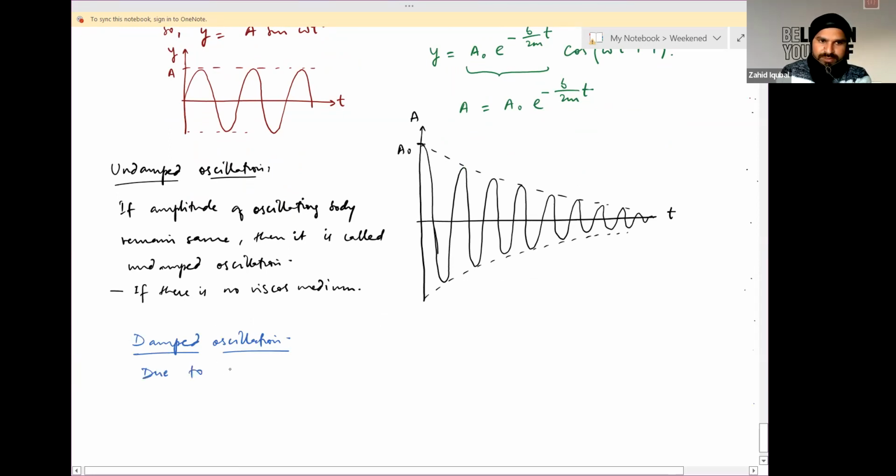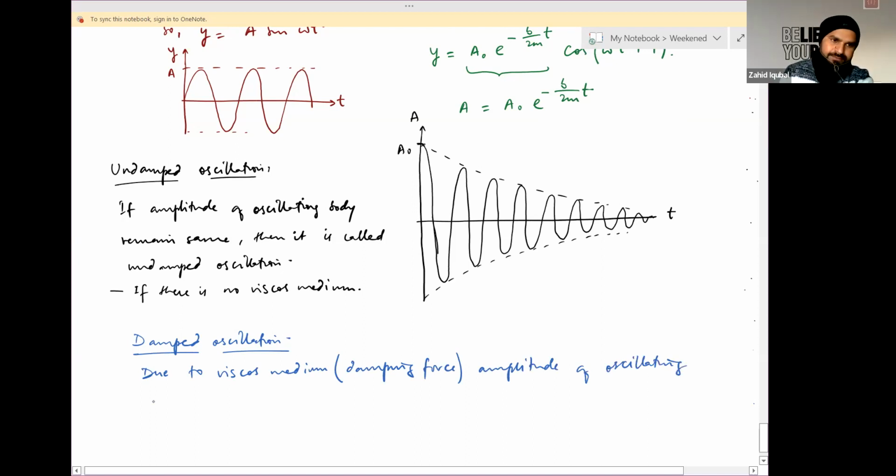Due to a viscous medium or damping force, the amplitude of the oscillating body exponentially decreases.